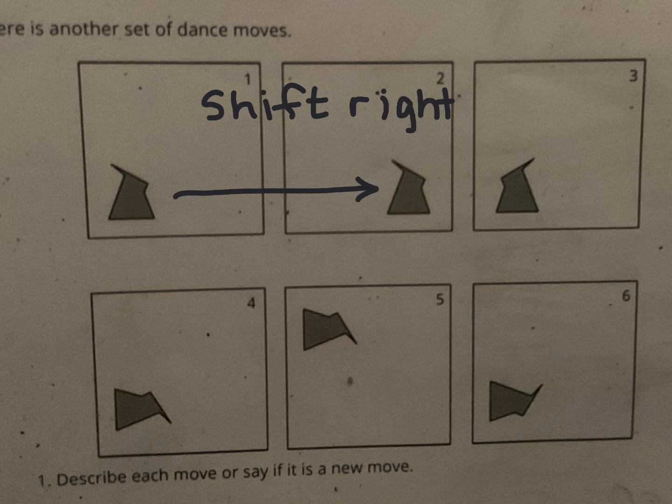So for this specific one, what did you say just from 1 to 2? He just said move. Okay, move is perfectly reasonable. Anybody have a different word besides shift or move? Really? Nobody had this one? Nobody had like slide? I said travel. Oh, travel. Okay, travel's a good one too.